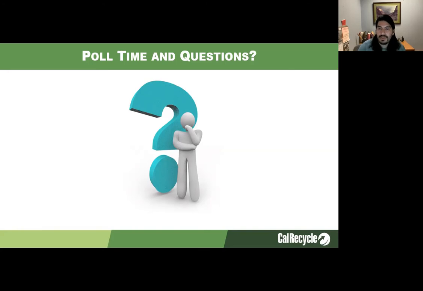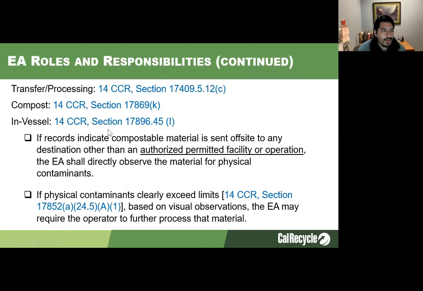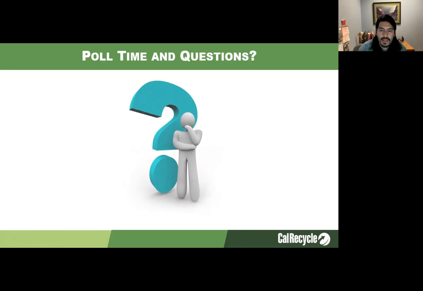In-vessel digestion, the section is 17896.45. And for transfer processing, that's 17409.5.12.